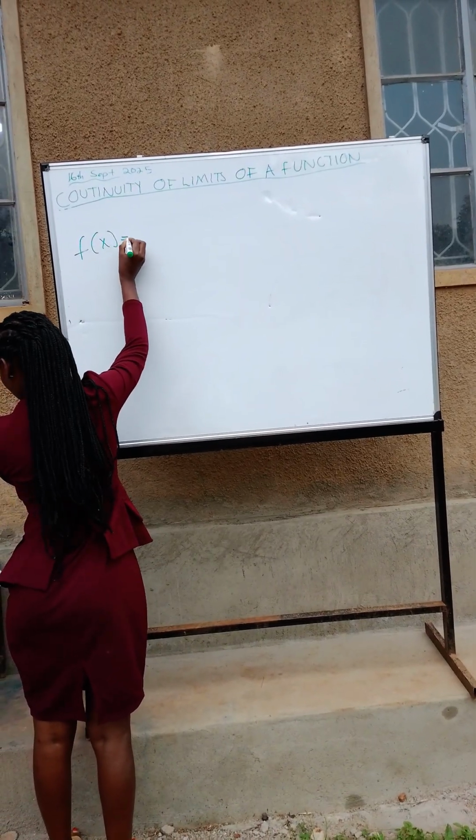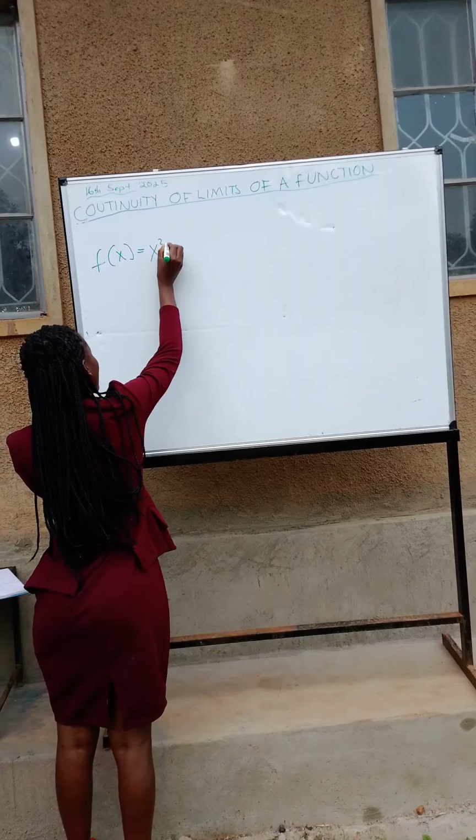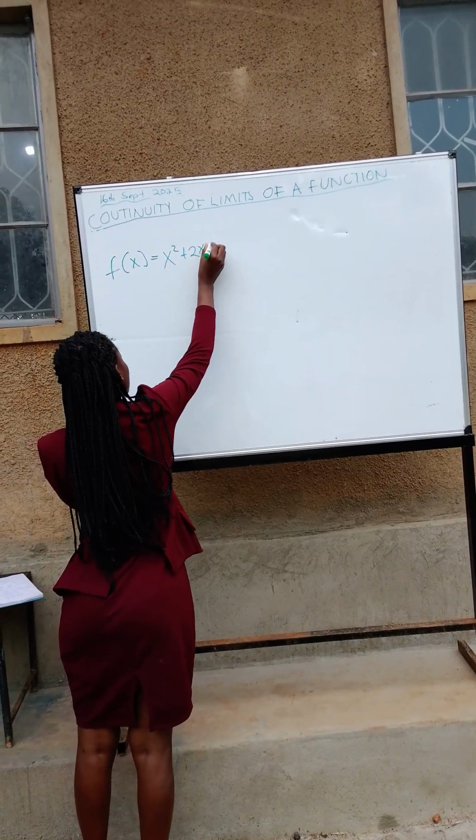f of x is equal to x squared plus 2x plus 1.